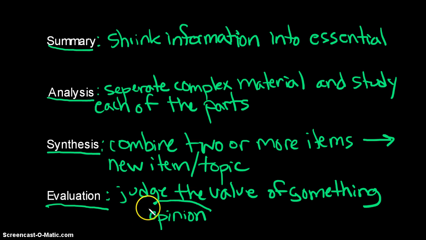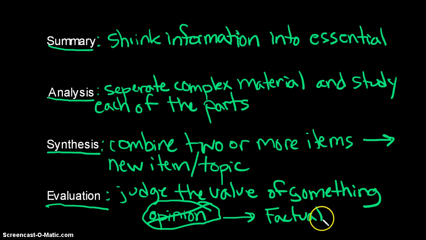Your opinion matters only as much as you have factual research. So this is where you're going to want to spend some time jumping into your primary and secondary sources and developing some really solid factual research to support your opinion or your judgment on the value of something.